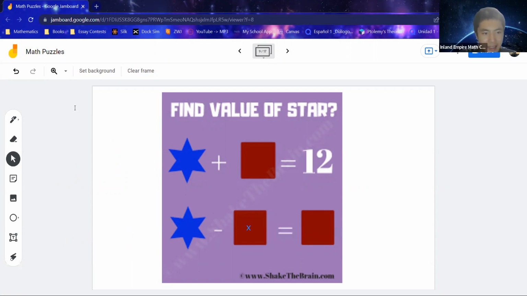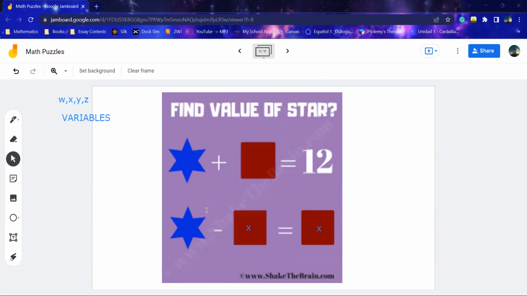Like the variable x, like the alphabet, like W, X, Y, Z. When we use variables in mathematics, we use a letter of the alphabet to represent a value that we do not know, right? So in this case, we do not know what a square is. We know it's equal to some number, but we don't know quite what it is. So we're going to call it x. We're going to say that it is equal to some number, and that number is equal to x. All right, is this first step clear to everyone?